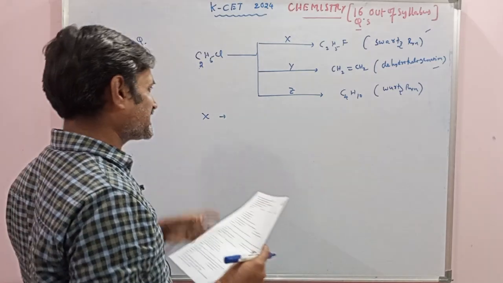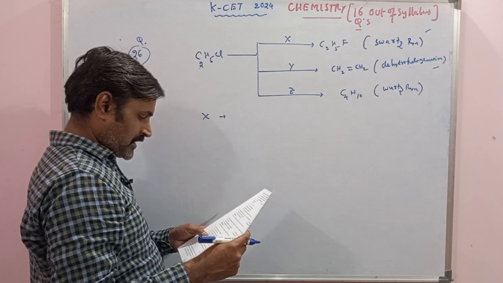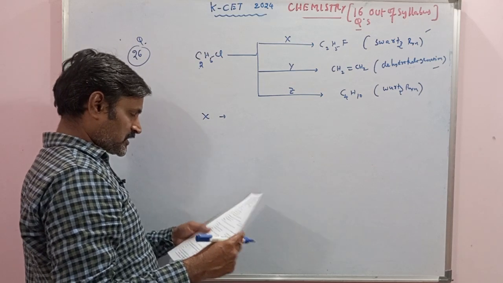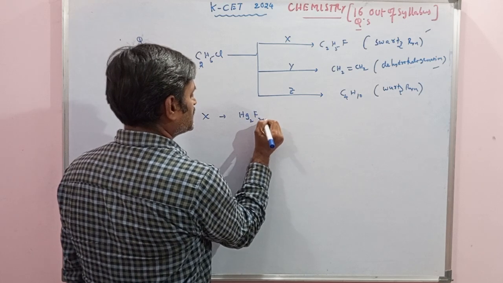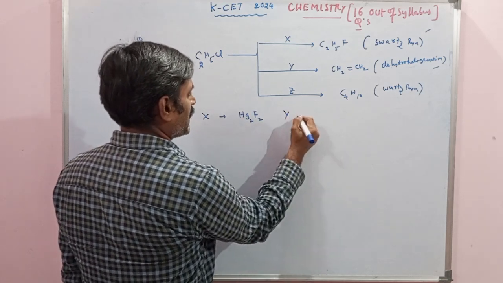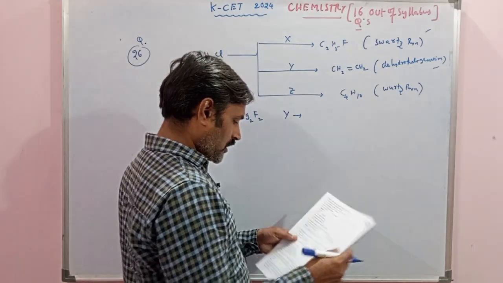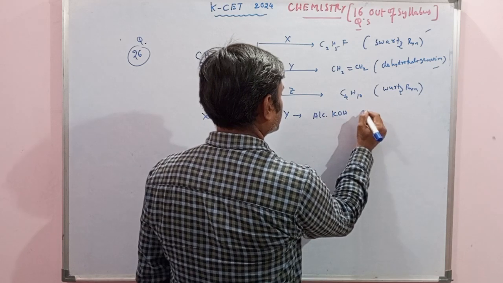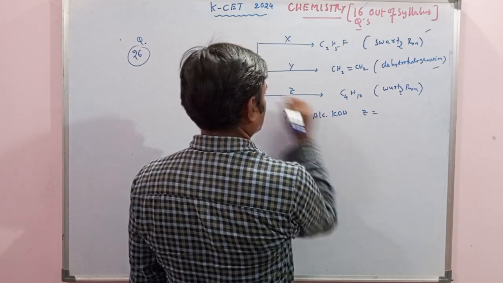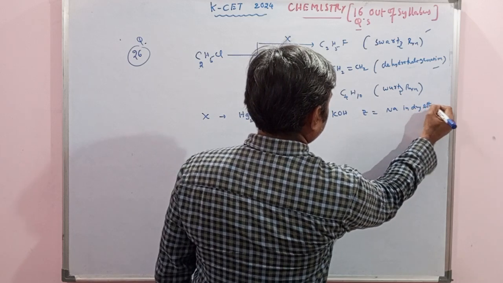So carefully select the option where one of the heavy metal fluorides, Hg2F2, is present, and Y is the dehydrohalogenating agent, alcoholic KOH, and Z is sodium metal in dry ether.